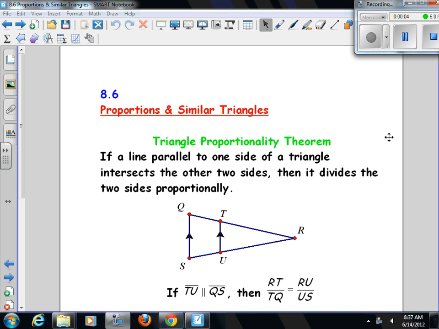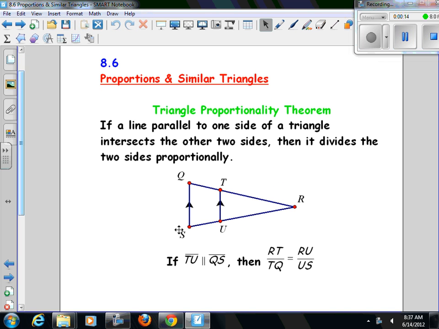Today we're going to be talking about proportions in similar triangles, and we're going to begin with the triangle proportionality theorem. This says if a line parallel to one side of a triangle intersects the other two sides, then it divides the two sides proportionally.